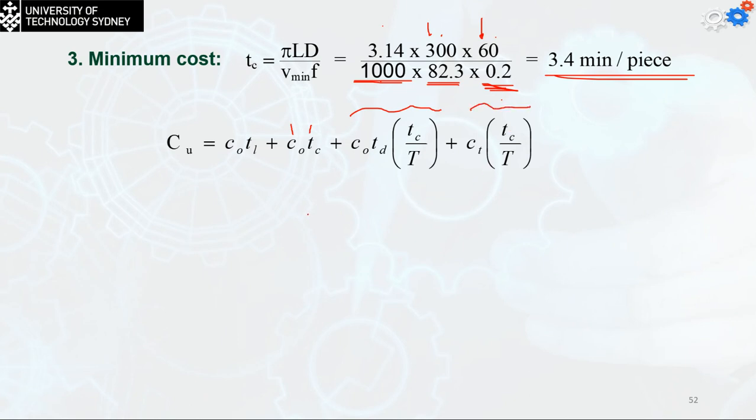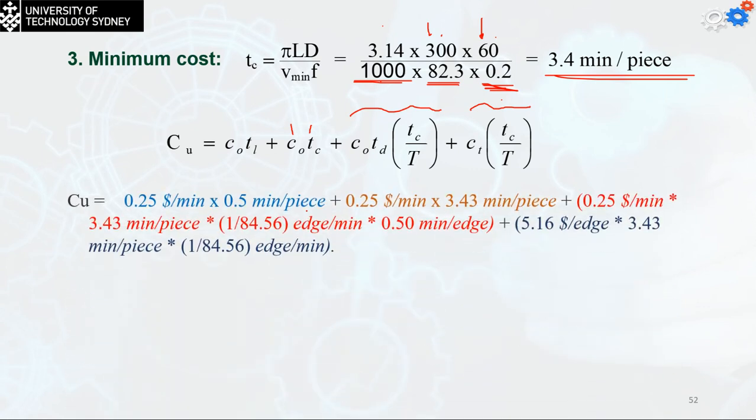Substituting all the figures we had earlier, we will find that the cost of the piece is going to be equal to $1.2 per piece if we run the machining at the minimum velocity.